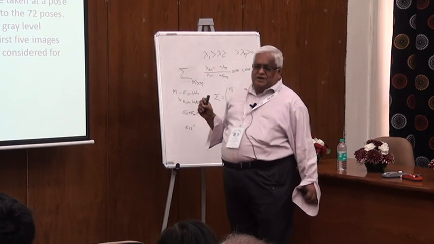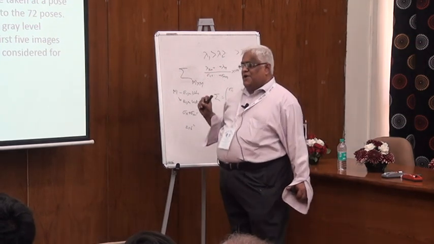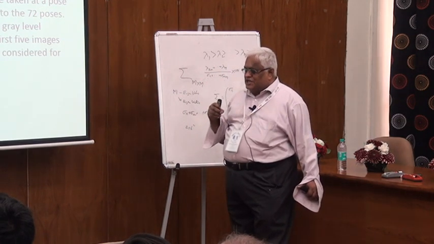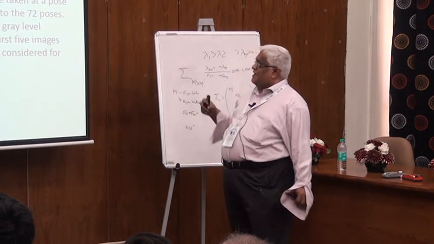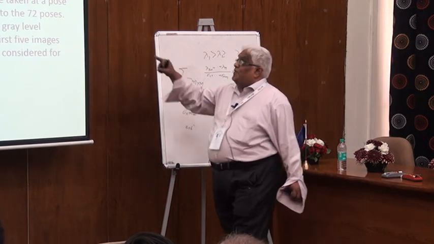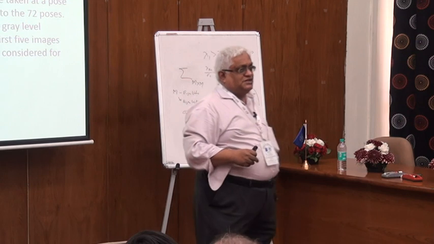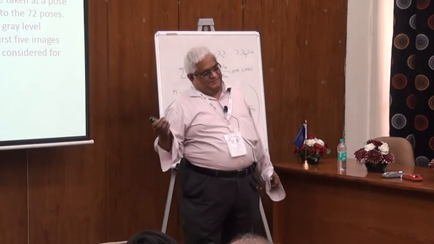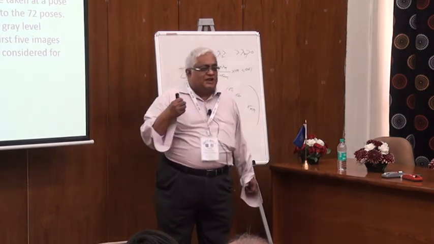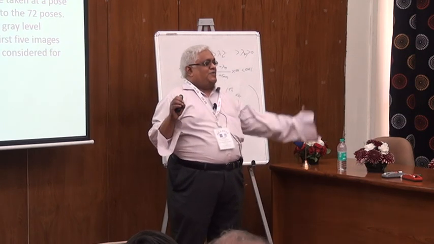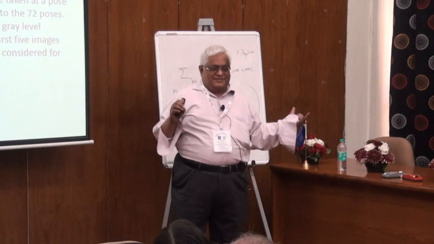In order to test our method, we did experiments of different types. One is, we have taken the test set as the COIL data set. The COIL data set is just a collection of objects, and we are talking about face images.